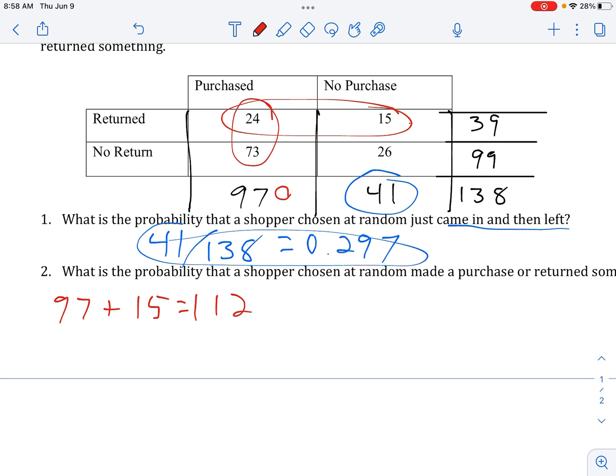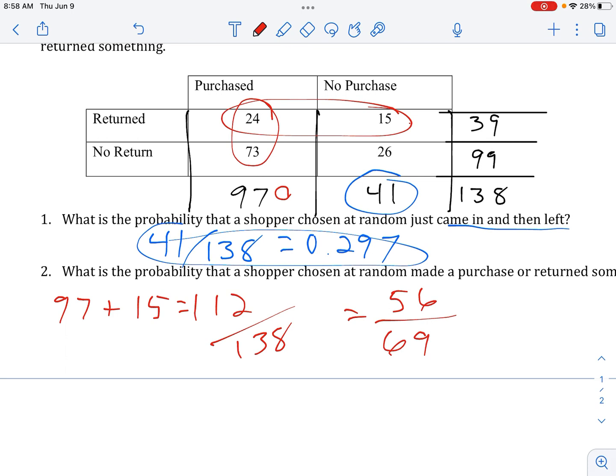And that 112 is out of the total 138. I know we can divide each of those by 2 at the very least. So that's going to be 56 over, what is that, 69.